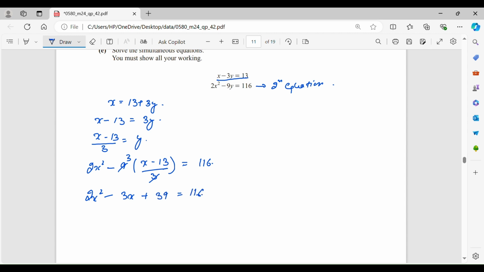Now 2x square minus 3x plus 39 minus 116 is equal to 0.